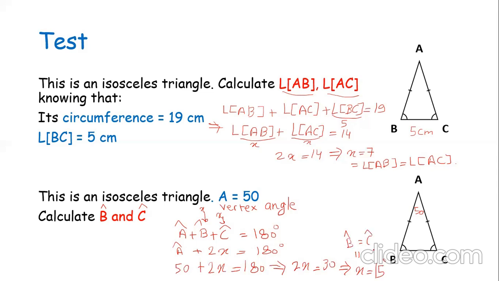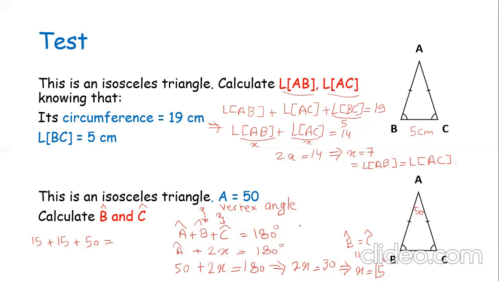the size of C. We can make sure that our work is correct after finding the missing value of the two angles by adding 15 plus 15 plus 50, which is the size of A that is given in the beginning. This must be equal to 180 degrees. You see here, then we have a mistake. 30 plus 50 equals 80.